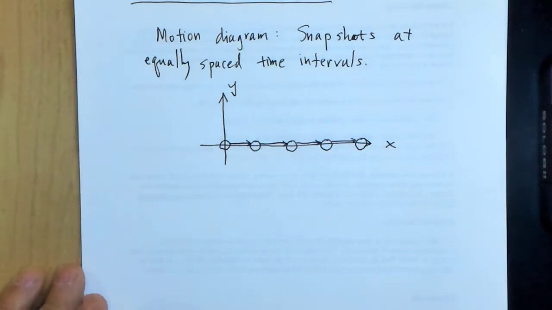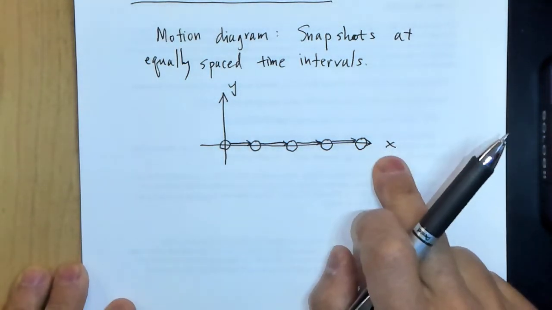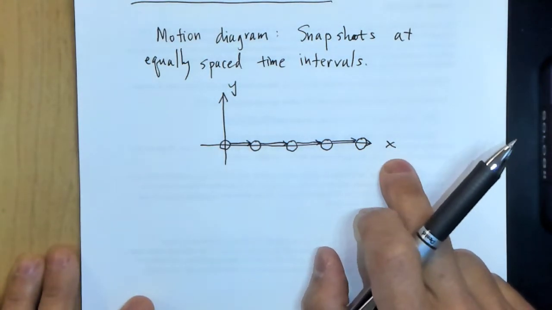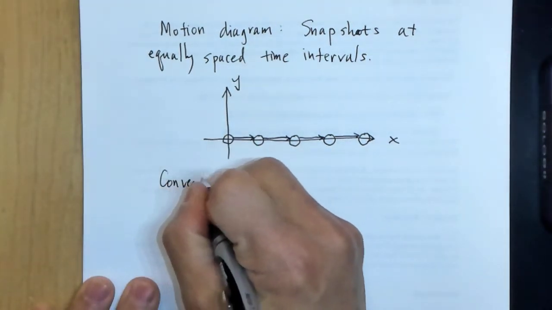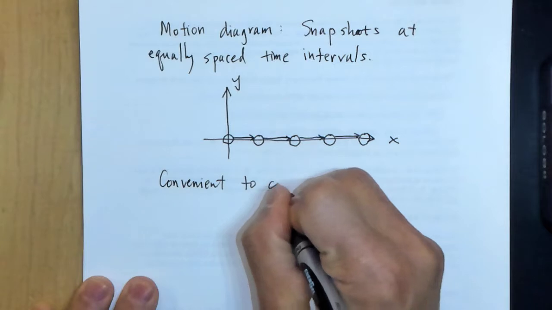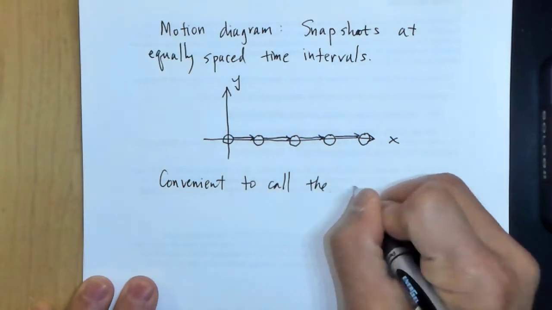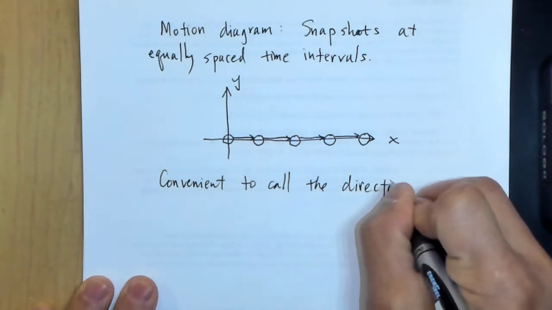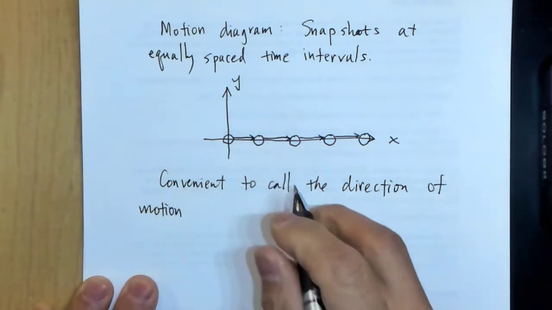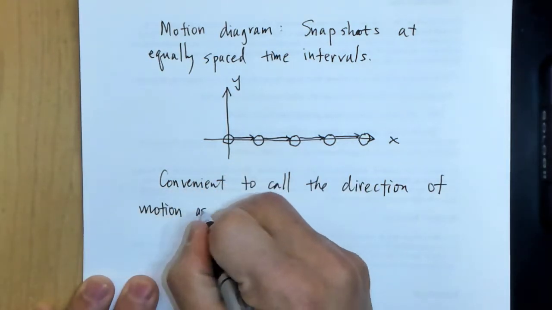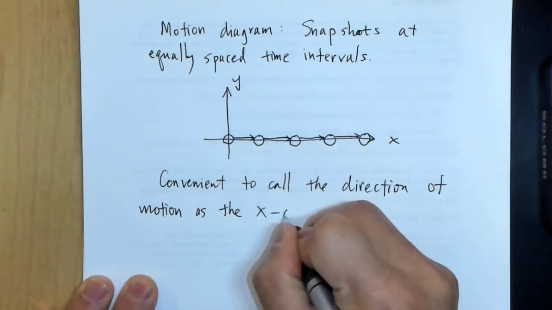Okay, so now notice one thing I did here was I labeled the direction of the motion x, and that's convenient. It's convenient to call the direction of motion the x-axis.